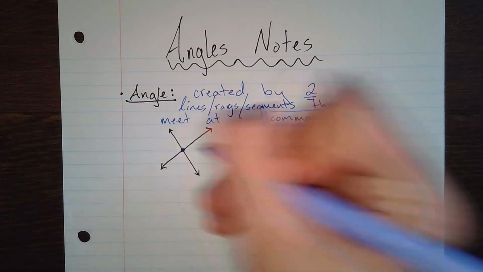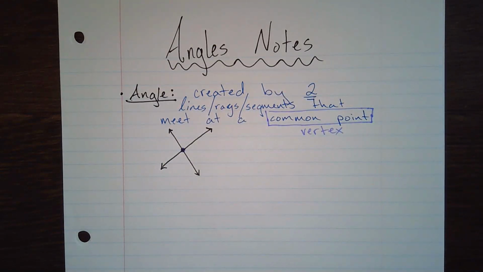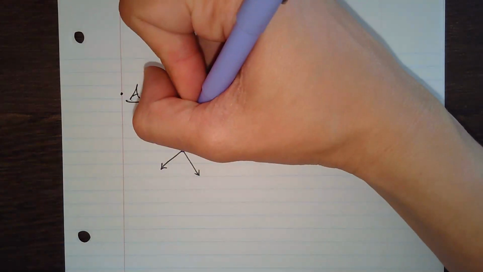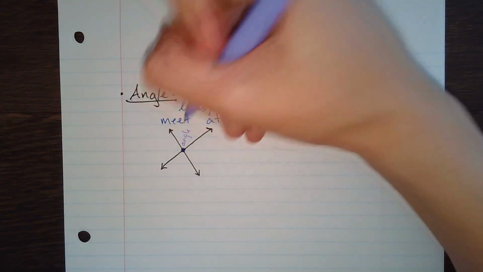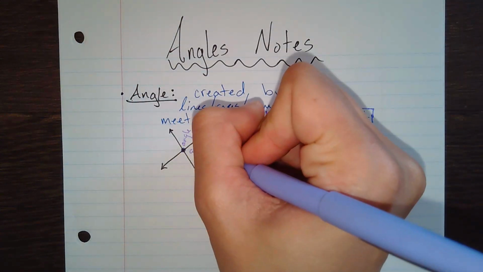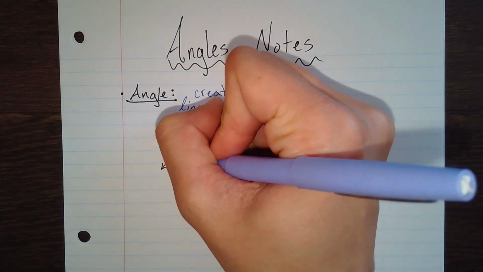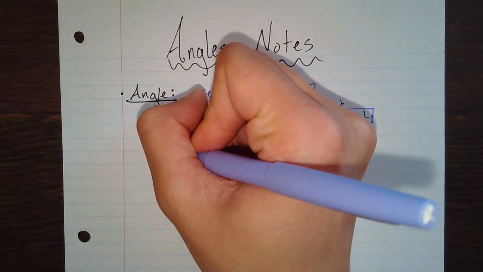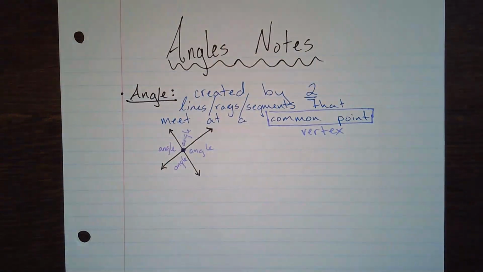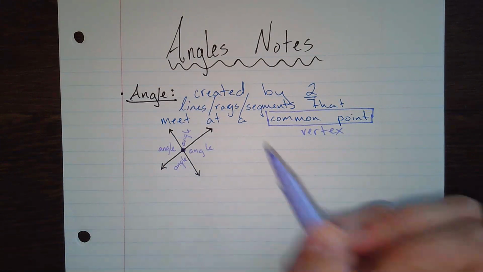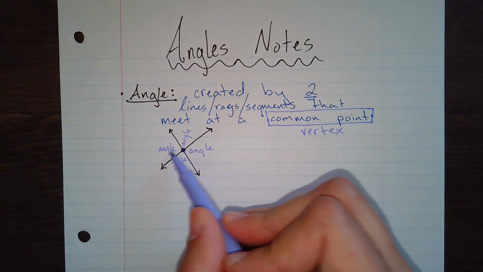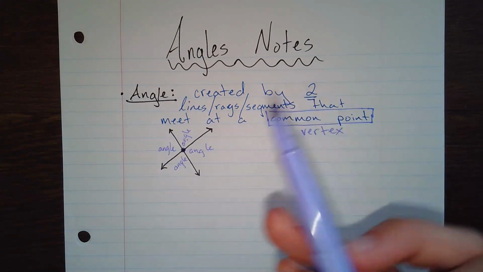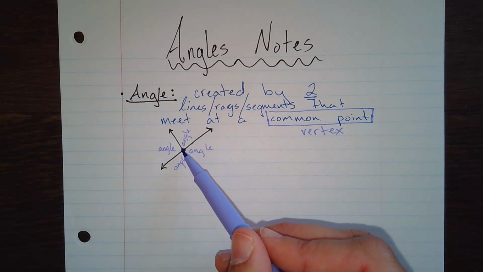This area here is that common point. So we have an angle, another angle, and then a fourth one. So if we have two lines that meet at this point, we're going to end up with 4 different angles. And this spot right here is what we call the vertex.